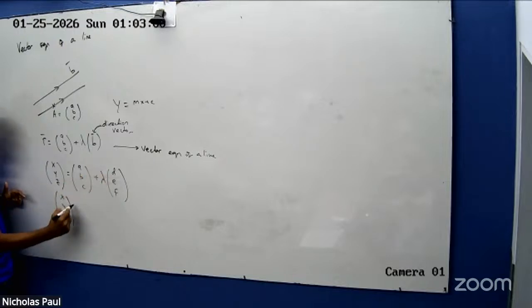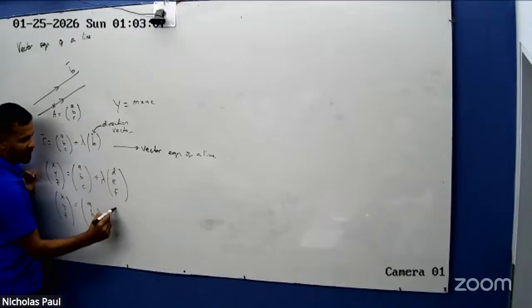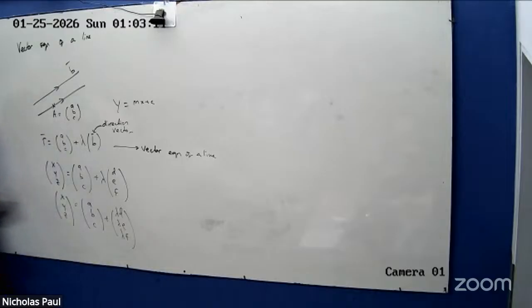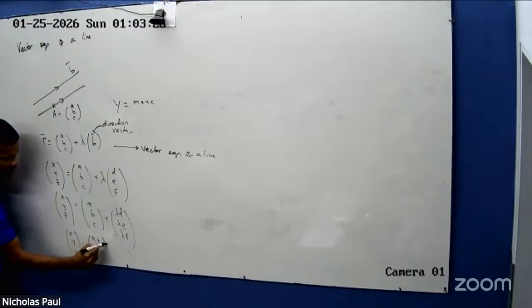If I multiply this out, what will I get? I'll get a, b, c plus lambda d, lambda e, lambda f. Okay with that? If I add it up, what will happen? I'll get x, y, z is equal to a plus lambda d, b plus lambda e, and c plus lambda f.